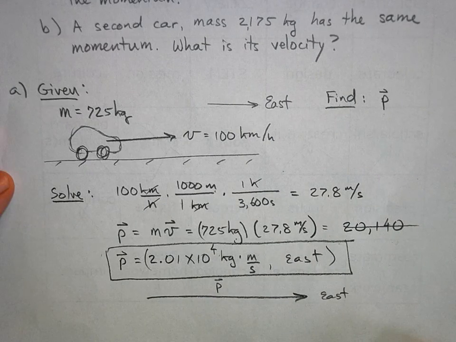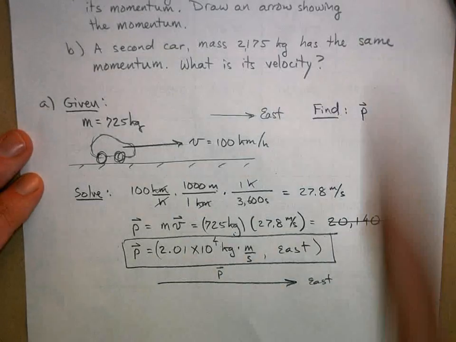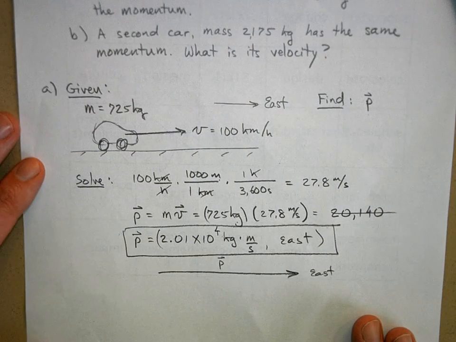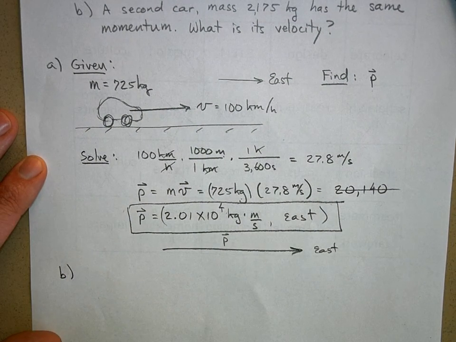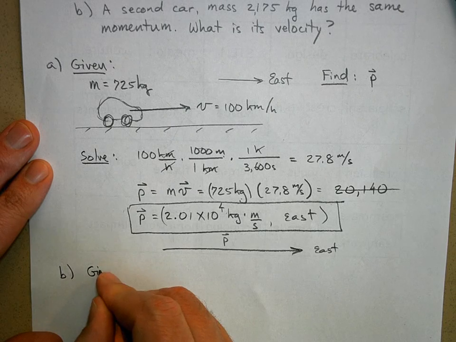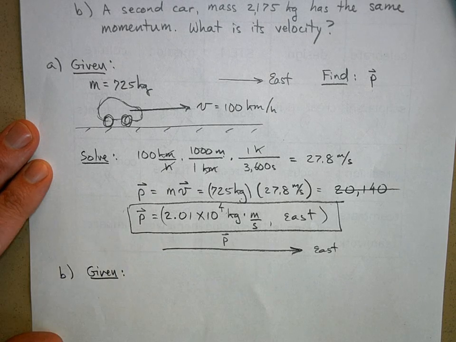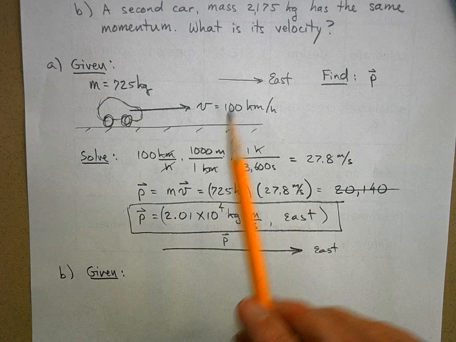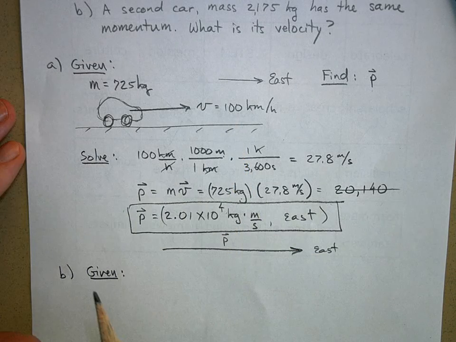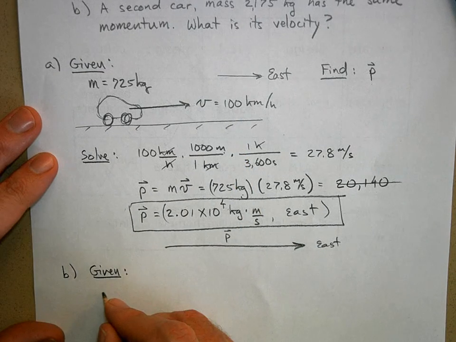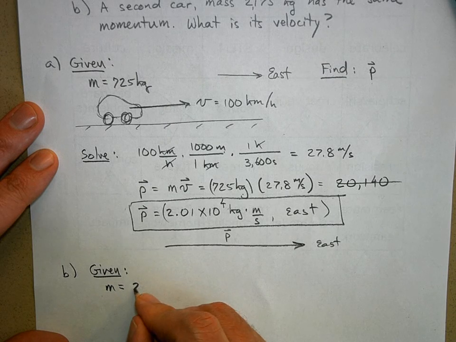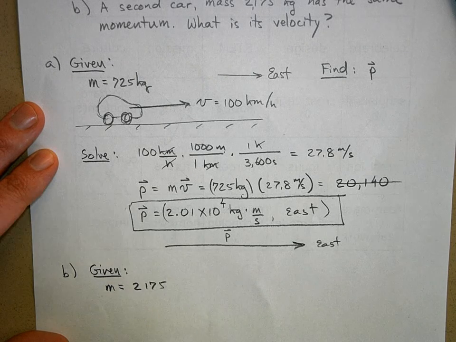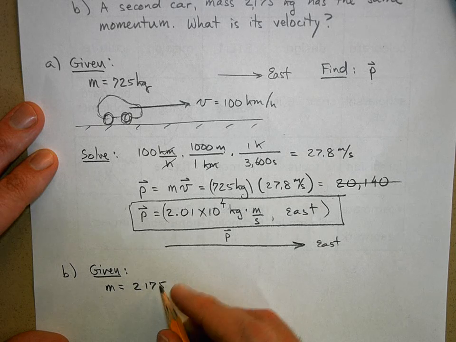Okay, now let's do part B. Now, what's given in part B? Well, we're given the mass of this bigger car as being 2,175 kilograms.